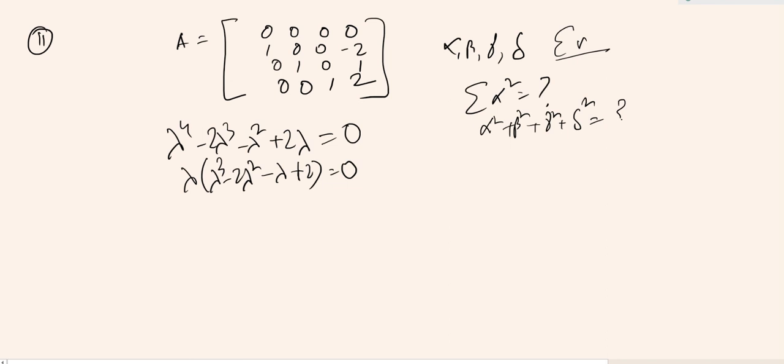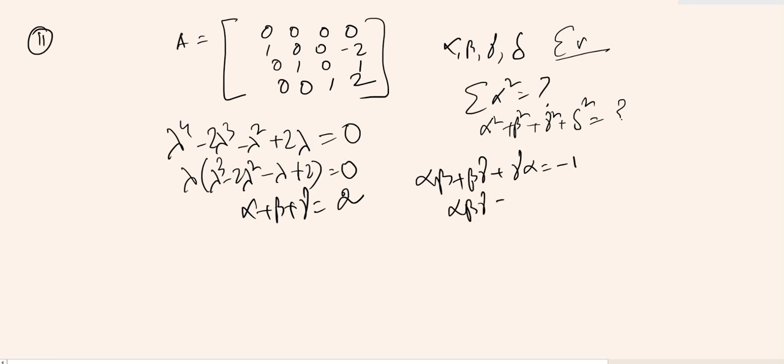So alpha, beta, gamma are the roots of the equation if you take. So alpha plus beta plus gamma equal to 2, then equal to minus 1, minus 2.